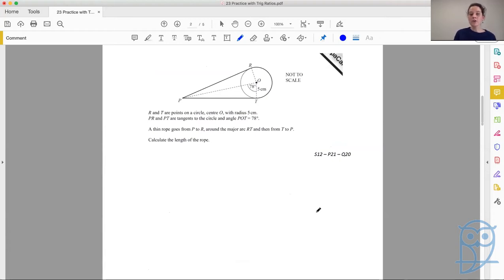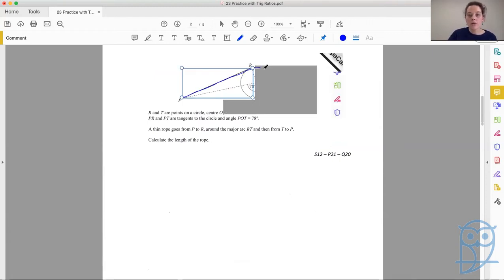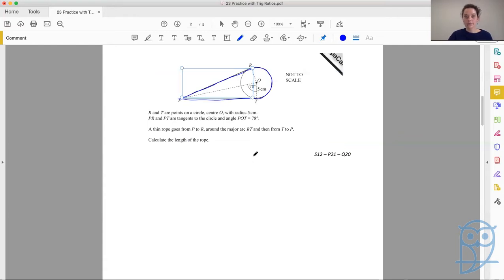A thin rope goes from P to R, round the major arc R to T, and then from T to P. Calculate the length of the rope. So we've got to go all the way up here, all the way round, and then all the way along. And what they're starting to do here is they are building in other things alongside our trig. But we've still got to pull out the triangle where it's going to be useful.